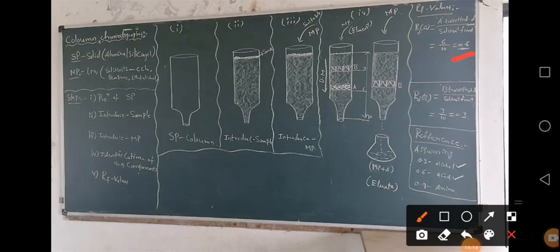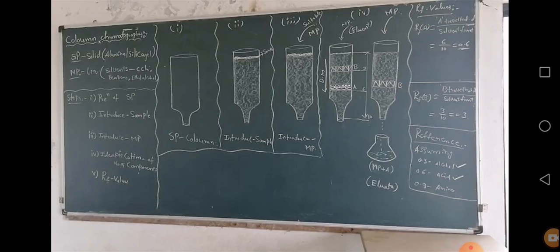According to our reference table, 0.6 belongs to acid. So the separated A component belongs to acid. Similarly, RF of B we got 0.3. So according to the reference table, 0.3 means alcohol. So the separated component belongs to alcohol. In this way, with the help of RF values, we determine the composition of the separated components.